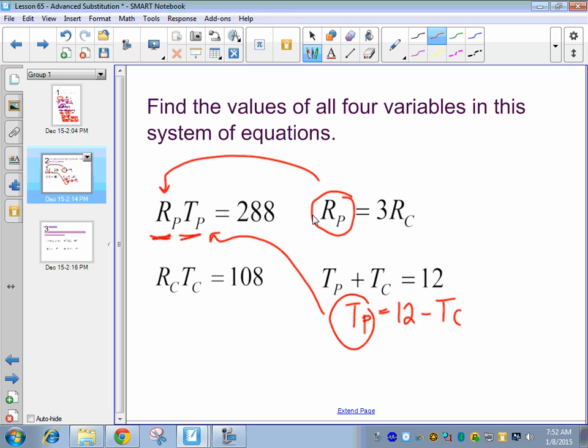All right, so RP is equal to 3RC, so I'm going to plug that in. And then TP is equal to 12 minus TC, and that whole thing equals 288.